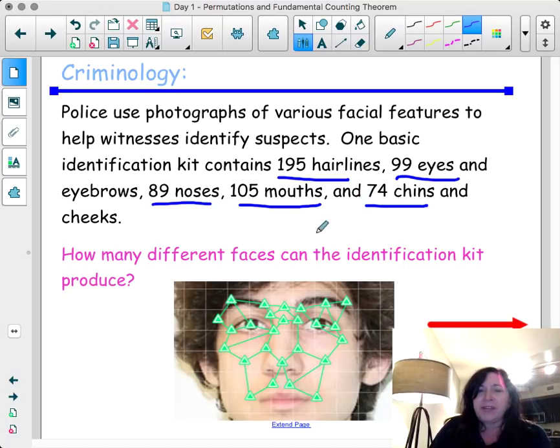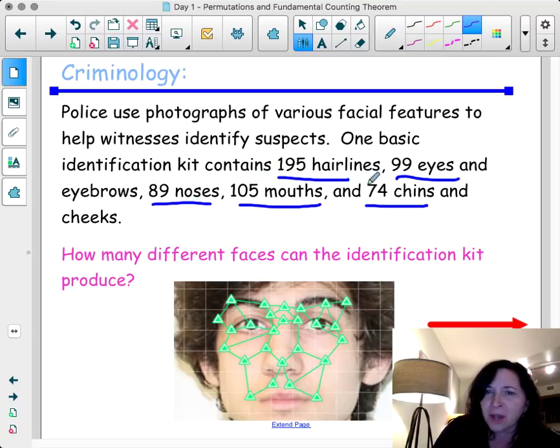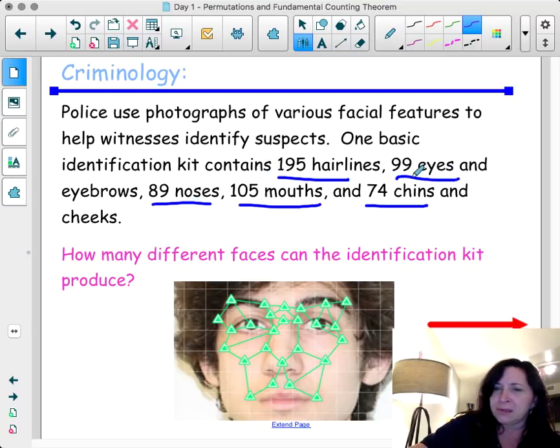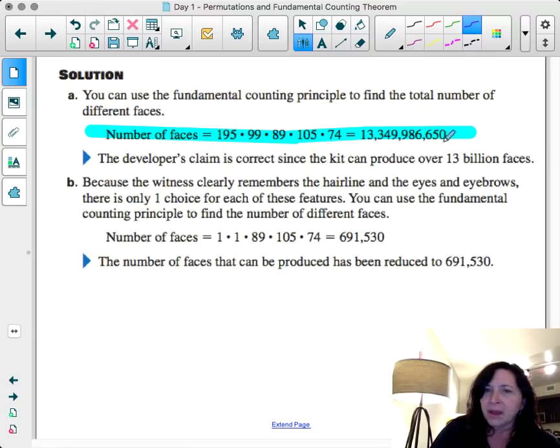So how many different faces can I produce? You should get 195 times 99 times 89 times 105 times 74, and that is a pretty big number.